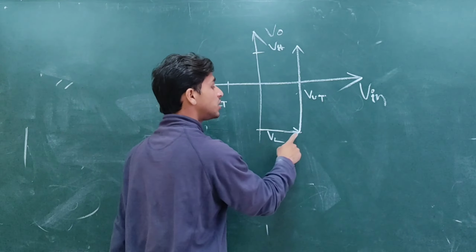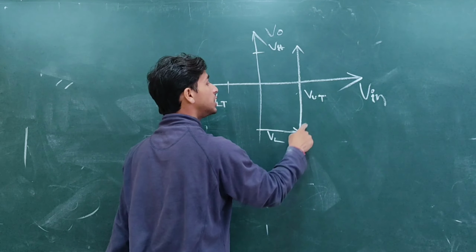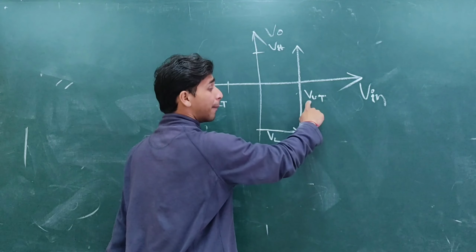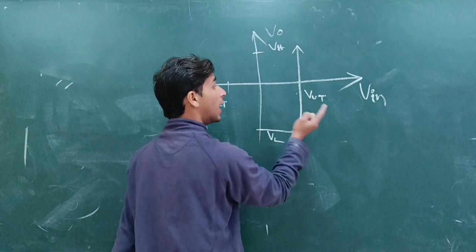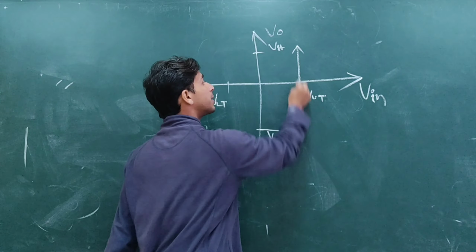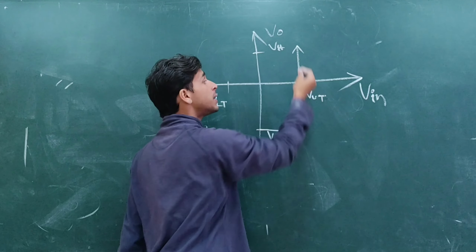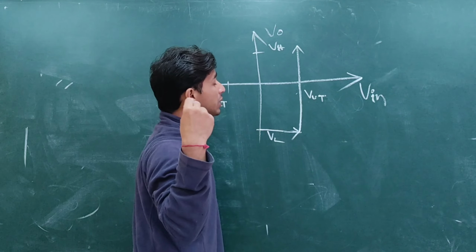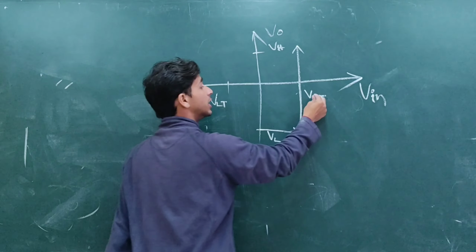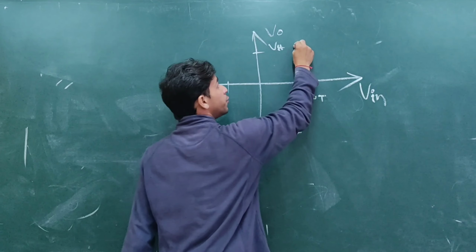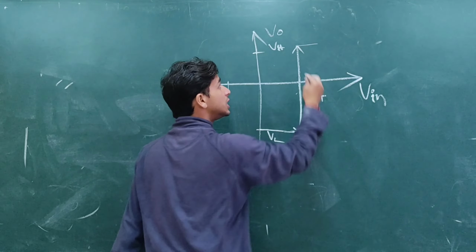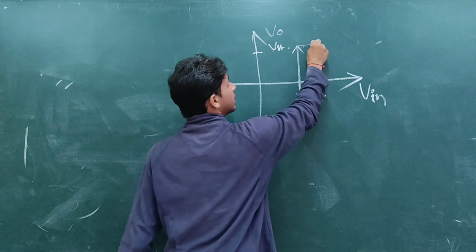You see, at this point our input is equal to the upper threshold voltage of the Schmitt trigger, so the output becomes high, and it will remain high if you still increase the input voltage.